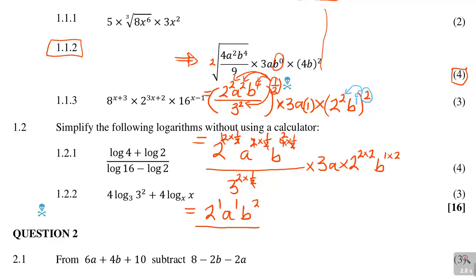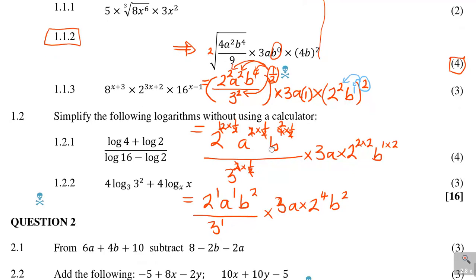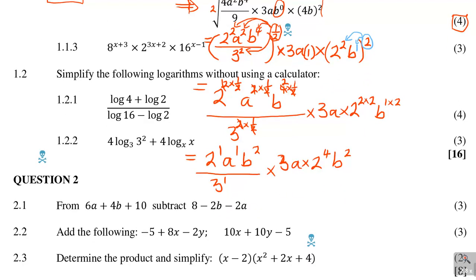In 3, the 2 and the 2 cancels to get 3 to the power of 1 times, we have got the 3 there is 3a, and the 2 times 2 is 2 to the power of 4. 1 times 2 is b to the power of 2. I think you see where it's going. Anyway, let's continue with that. And then what do we get?